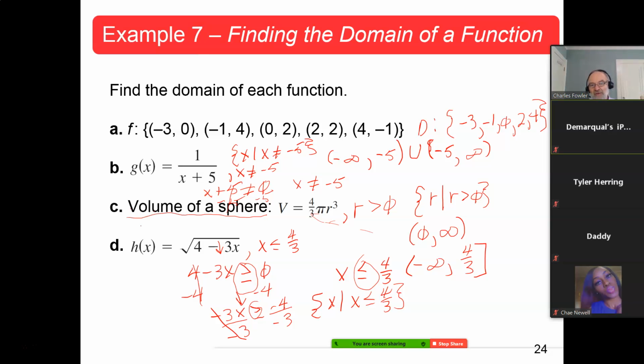Now if you really wanted to push it, you could say, let's take something greater than 4/3, like maybe 2. 4/3 is 1 and 1/3. So let's take 2. What happens if you put a 2 in here? That would be 4 minus 3 times 2, which is 6. 4 minus 6 would be negative 2.